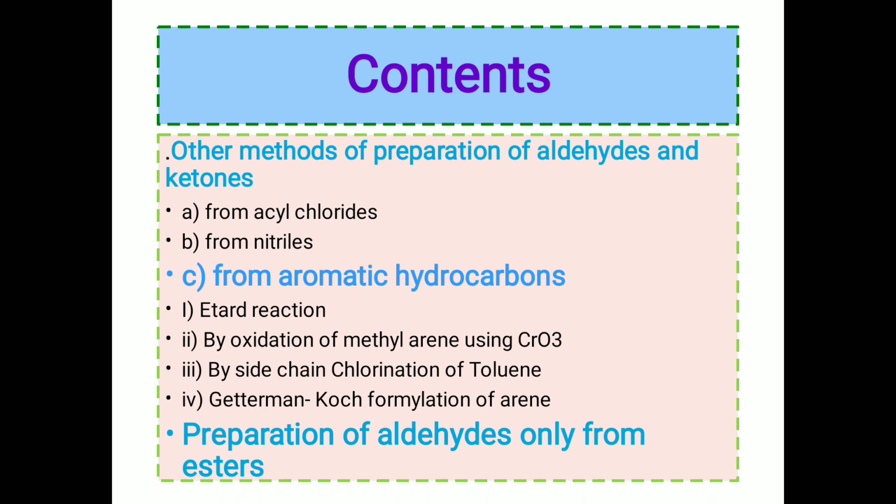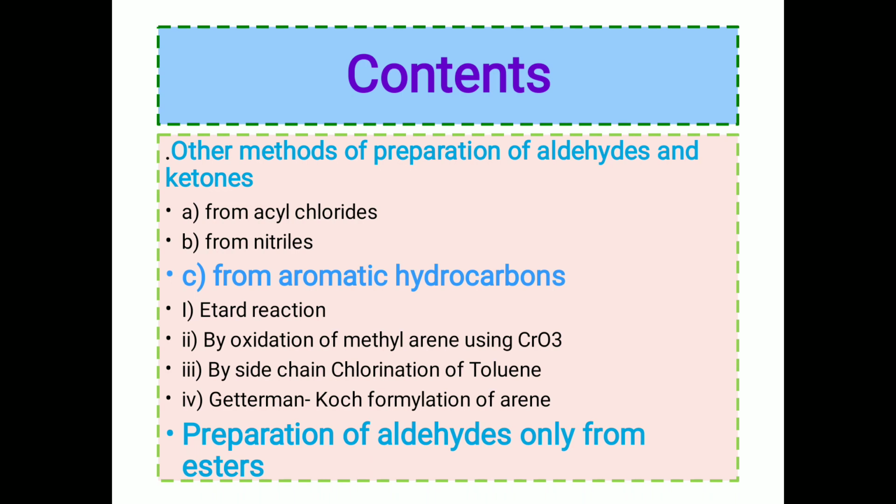The first one is the general methods of preparation of aldehydes and ketones, which we studied in part 3 of this chapter. In general methods, we studied the preparation of aldehydes and ketones from alcohols and from hydrocarbons. From alcohols, there are again two methods.